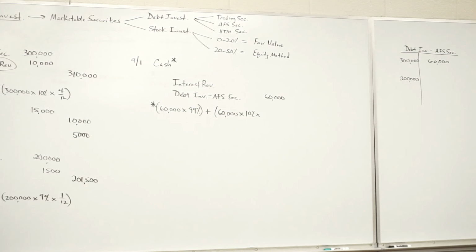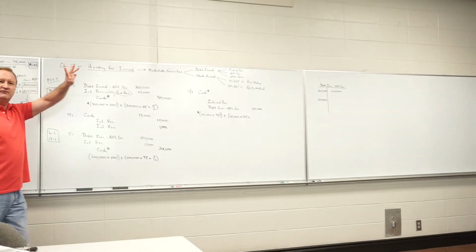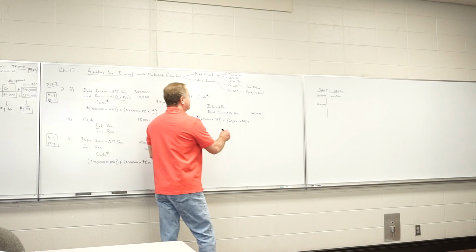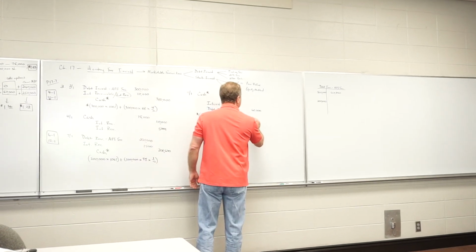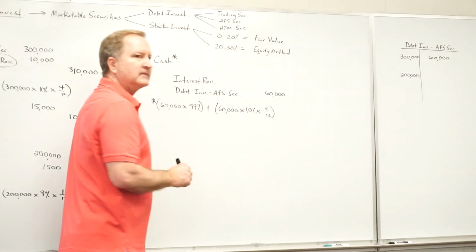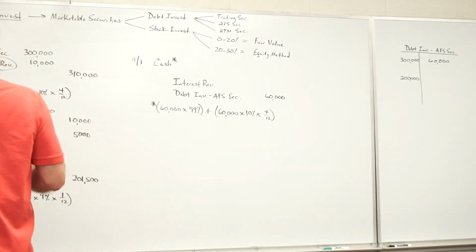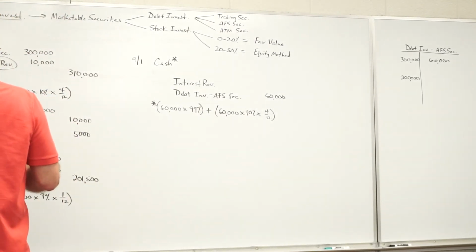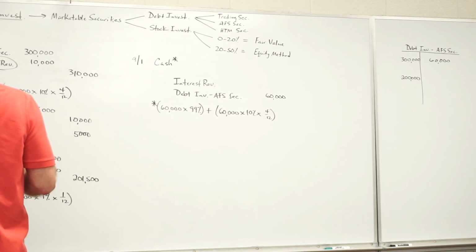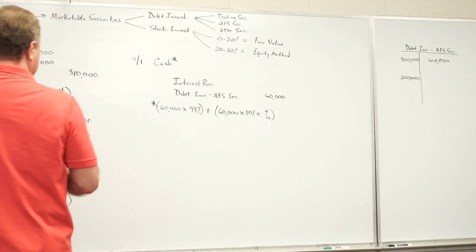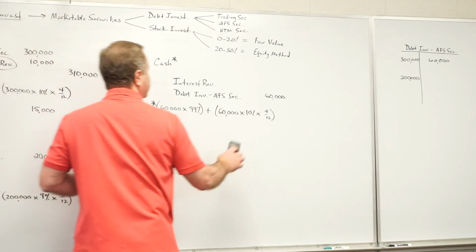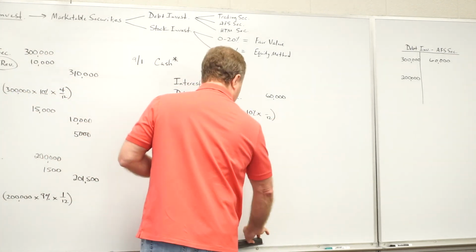So April, May, June, July, 4/12. Well, let me go back. Last paid on April 1: April, May, June, July, August. You're right. 5/12.